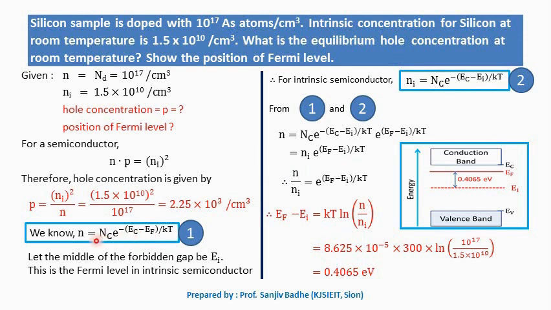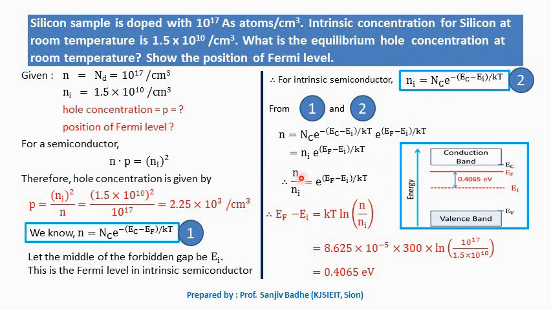So we can write n to be equal to Nc e raised to minus Ec minus Ei by kT into e raised to Ef minus Ei by kT. So Ei is added and subtracted here. So that is equal to ni e raised to Ef minus Ei by kT, because Nc e raised to minus Ec minus Ei by kT is nothing but ni from this equation number 2.